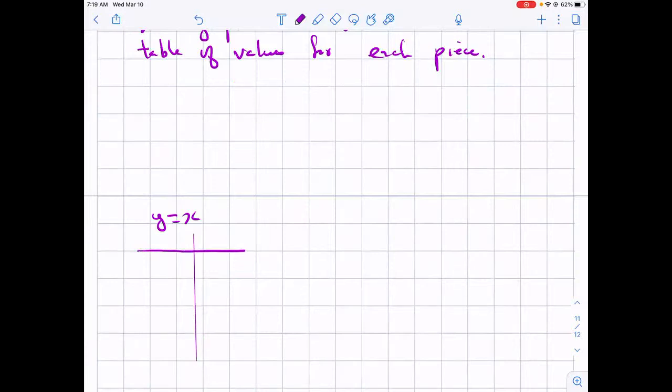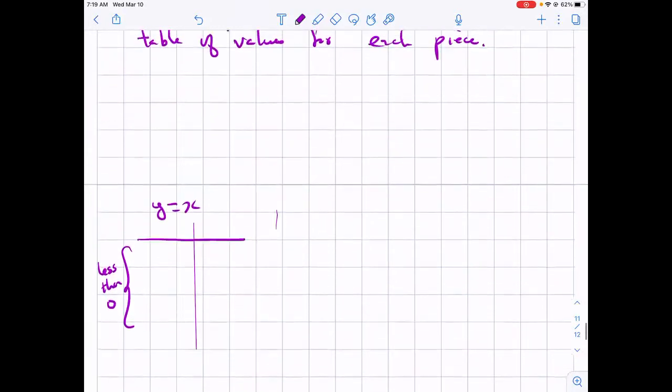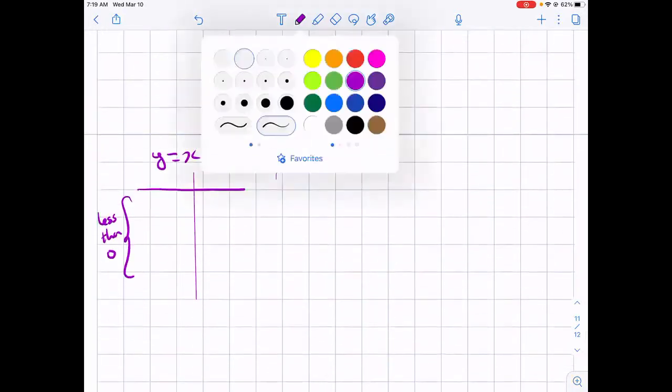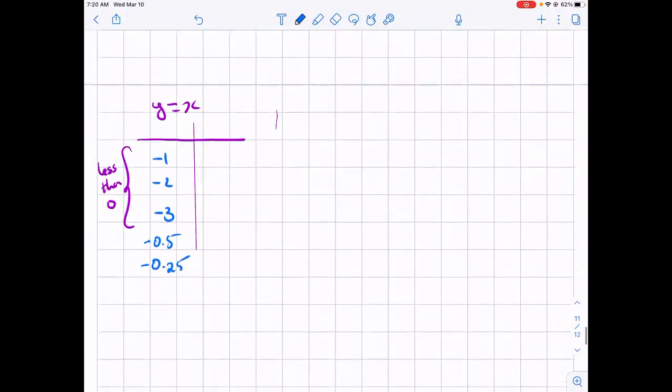Meaning, if I want to graph the function x, when I create my table of values, these values have to be less than 0. So we can use values such as -1, -2, -3. You can even go up to -0.5 or -0.25, but you cannot choose 0. If this is x and this is y, then the values will be the same.